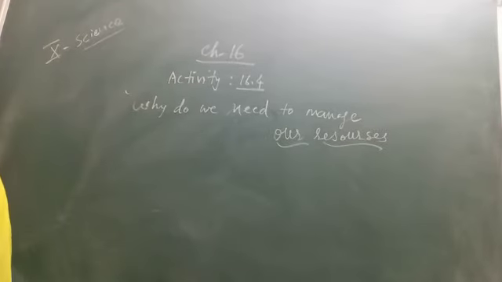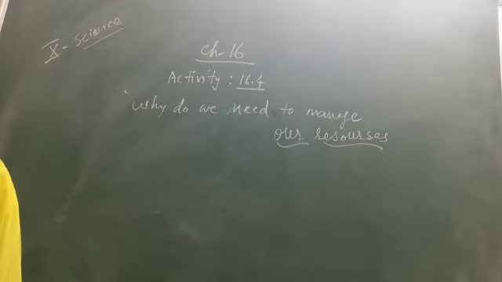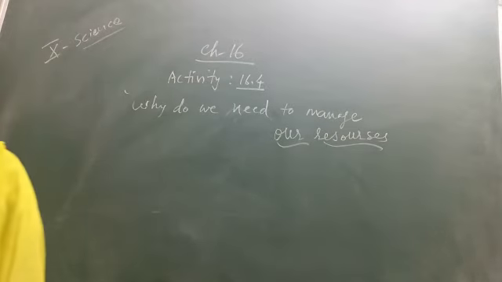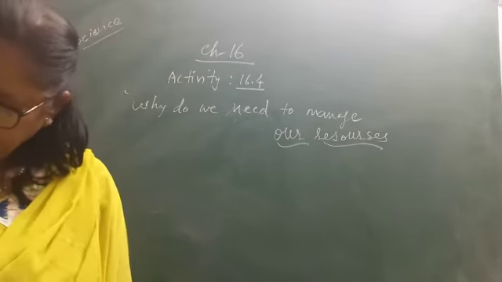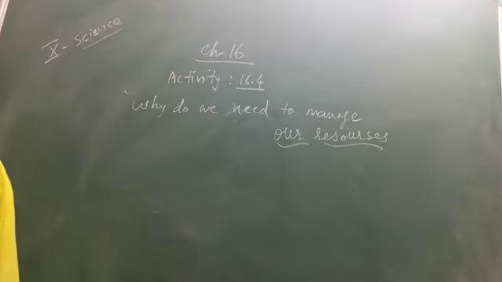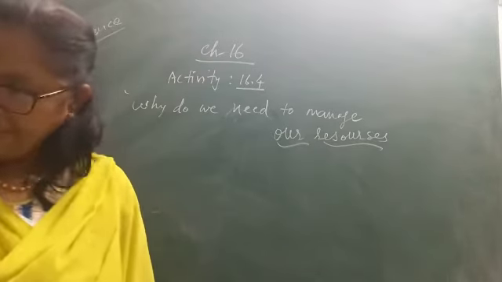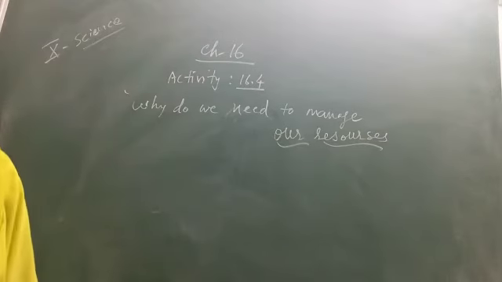Even this energy is processed by living organisms and various physical and chemical processes on the earth before we make use of it. Now, why do we have to use all these resources carefully? Because these are not unlimited.